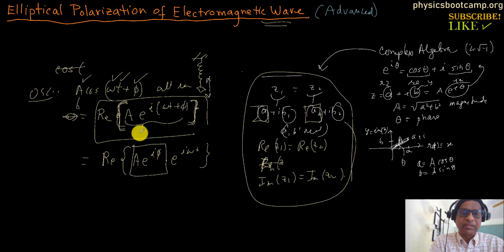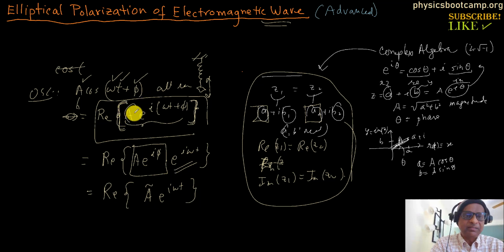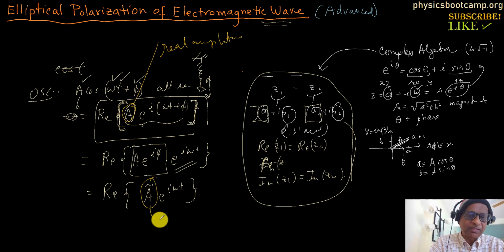Then you say, well, this is the one that's varying, but this is constant, so this now is an amplitude, and we can call this a new amplitude, and we usually use the tilde to denote the complex. So this is complex. So this A is a real amplitude, and sometimes we're going to call this a complex amplitude.